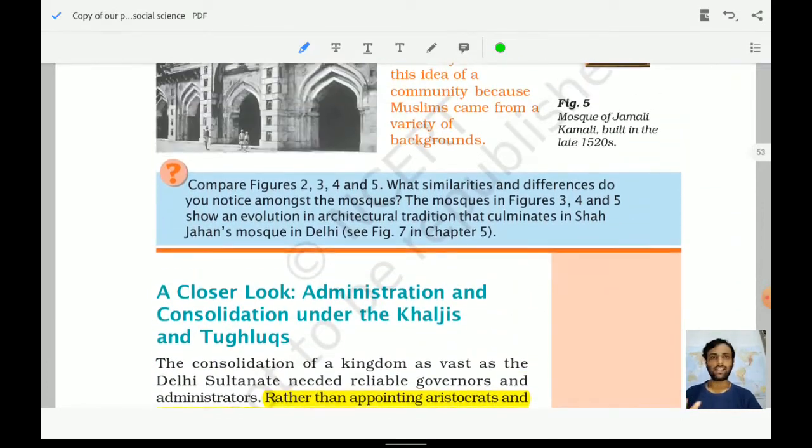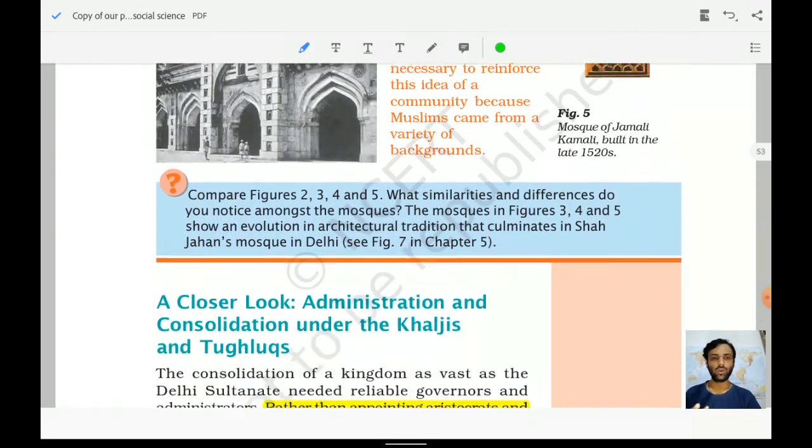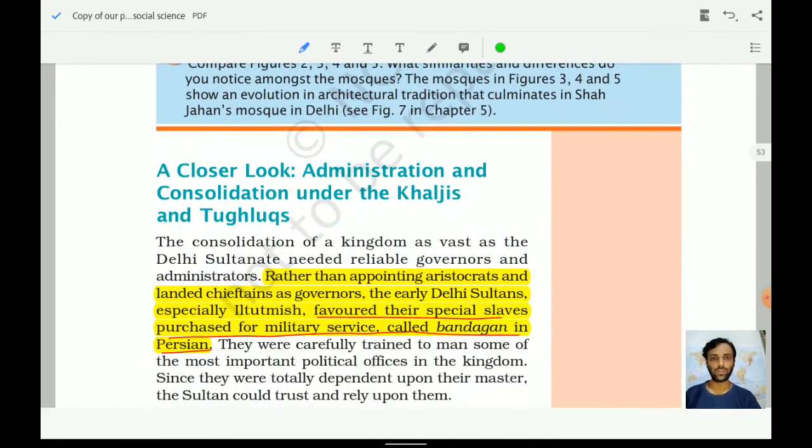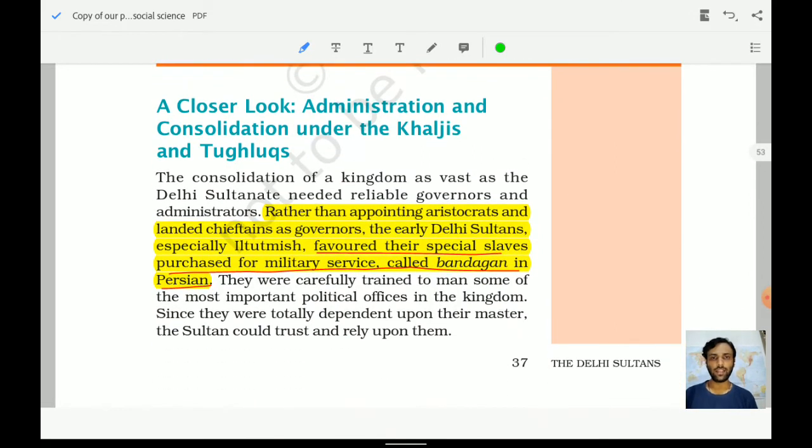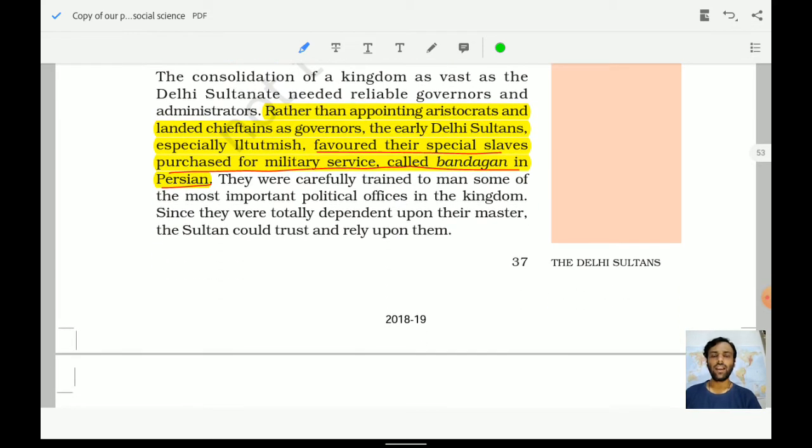Then these things are not important, so we are not paying any importance to them, and we are just focusing on whatever is important for our examinations. So now it is talking about the administration. Rather than appointing the aristocrats and the landed chieftains as governors, the early Delhi Sultans, especially Iltutmish, favored their special slaves purchased for military services, called bandagan in Persian.